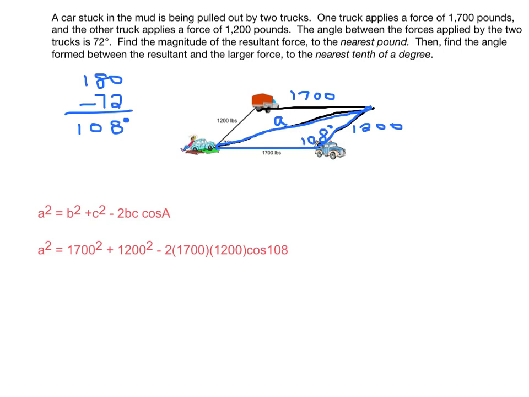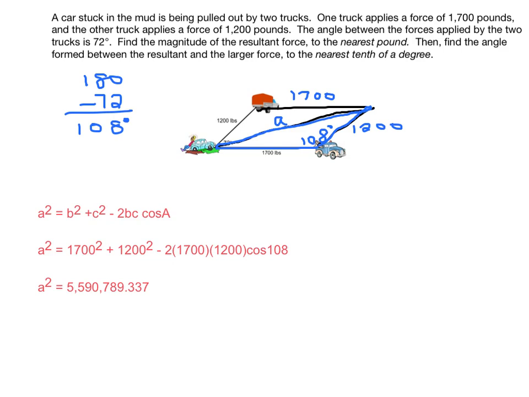Next, you can plug this entire right-hand side of the equation into your calculator. I wouldn't try to do it in parts. That's where people make errors when they try to do it in parts and add them together. So instead, just plug the entire thing in your calculator, and you're left with A squared equals 5,590,789.337.